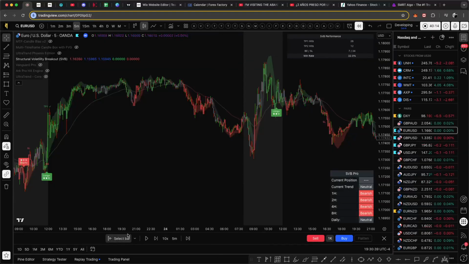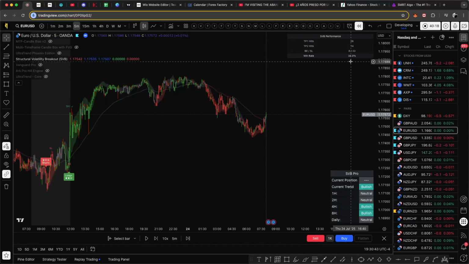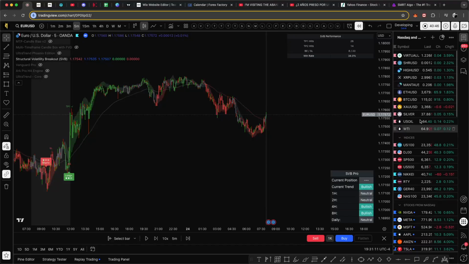If the day is starting and you see 34% win rate, that could be a deterrent for you. I don't want to be trading anything lower than 40. I want to be trading a day that I have at least over 40% win rate. Anything lower than 40 probably is bad. So you see, with this, you can try that.